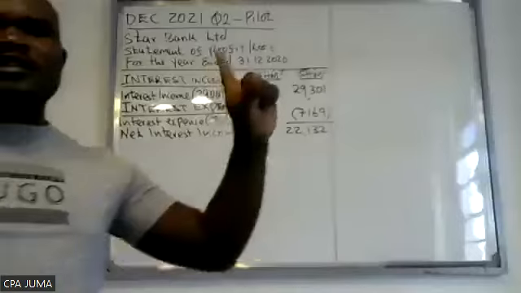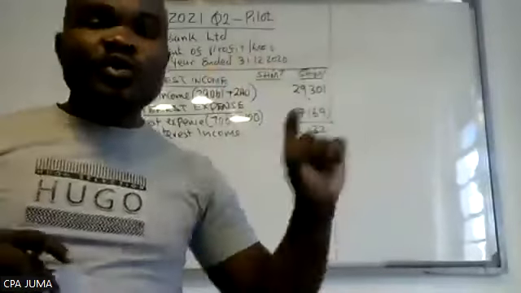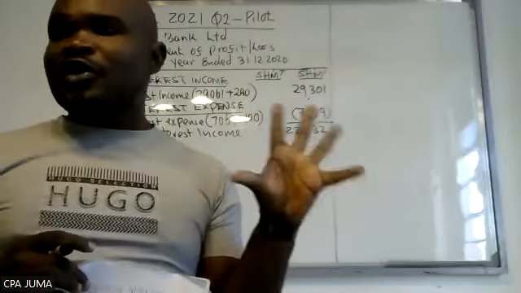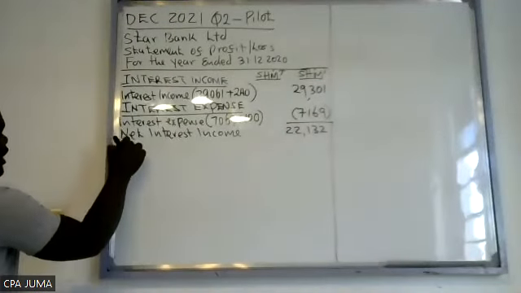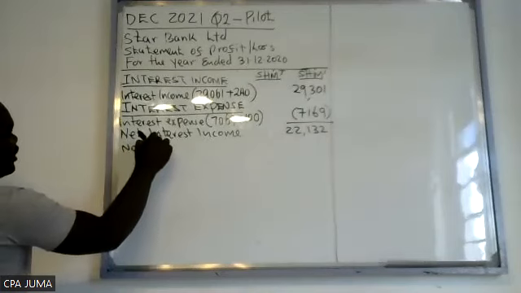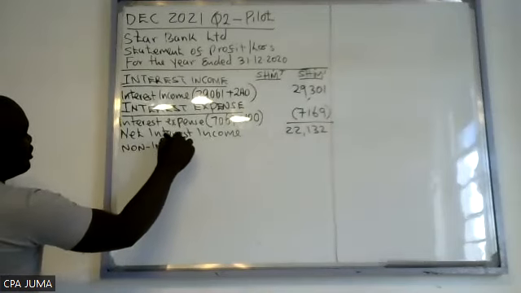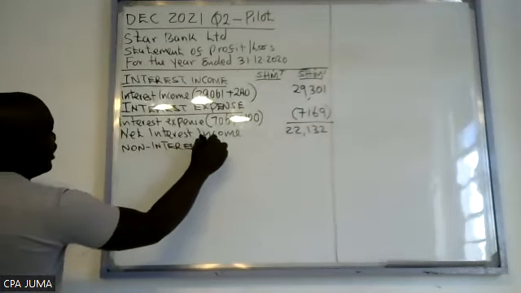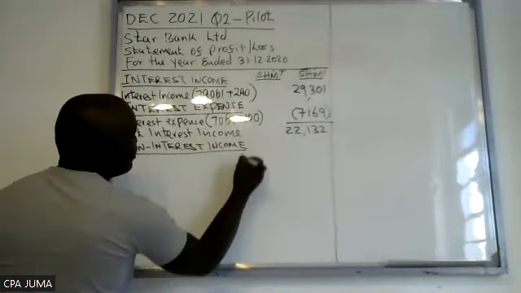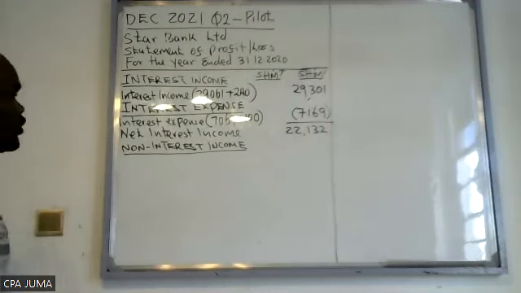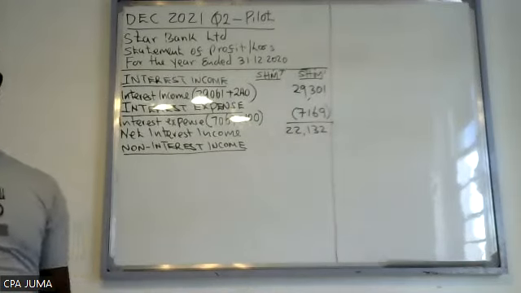Then there are some other income which were not interest. That is how this format goes. So you bring them here as non-interest income. Those income which had nothing to do with interest. Look for them top down as well.